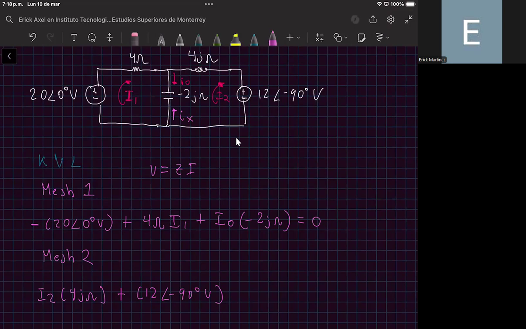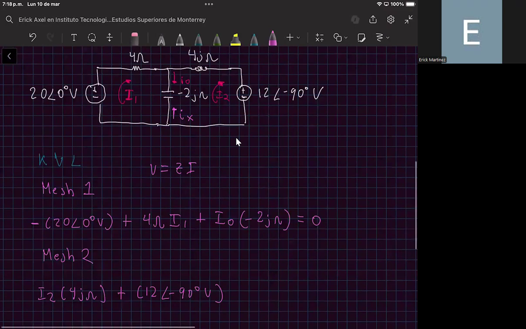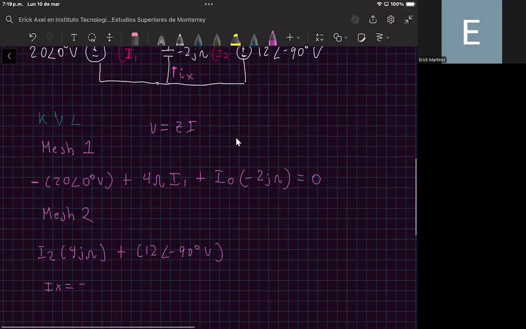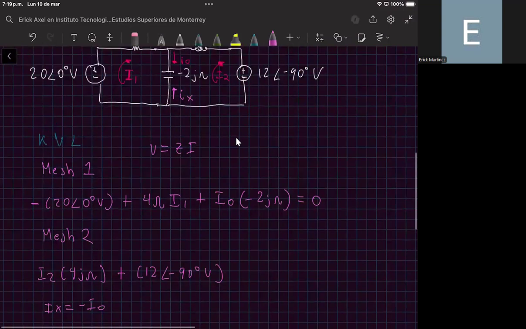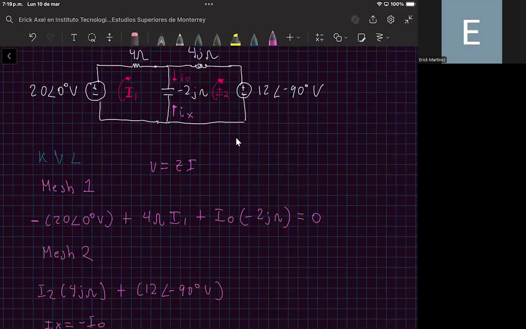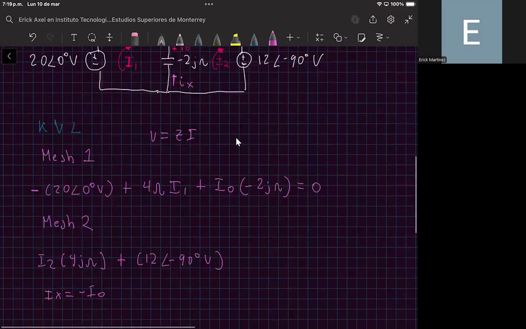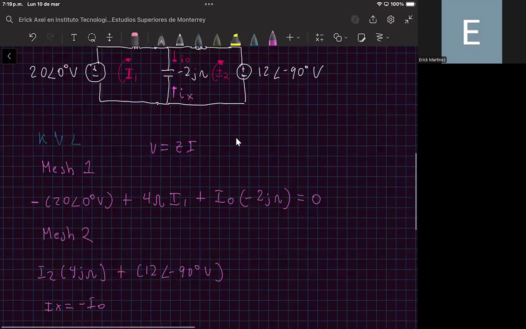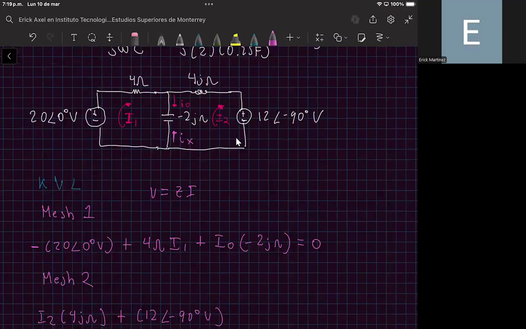So this current Ix, if we look closely to this diagram, we can say that Ix is equal to minus I sub 0. They are basically the same current, but they are pointing in different directions. So to denote that, I will place a negative sign to I0 because basically Ix is the same value of I sub 0, but in a different direction.